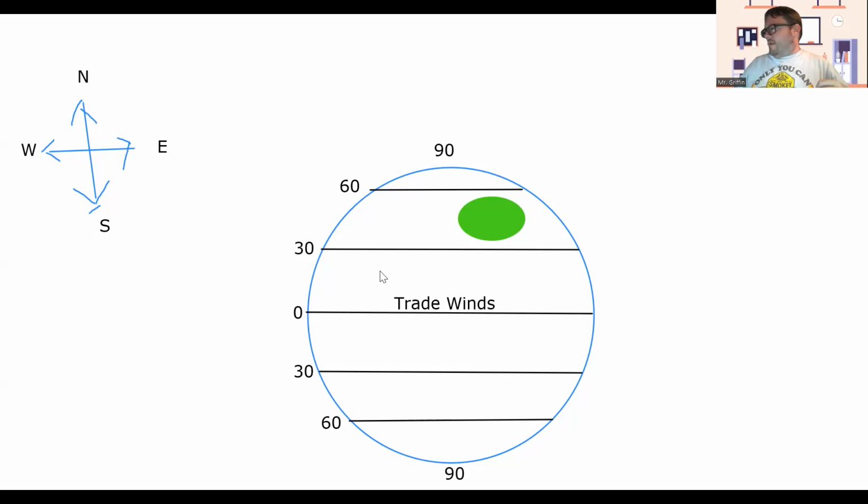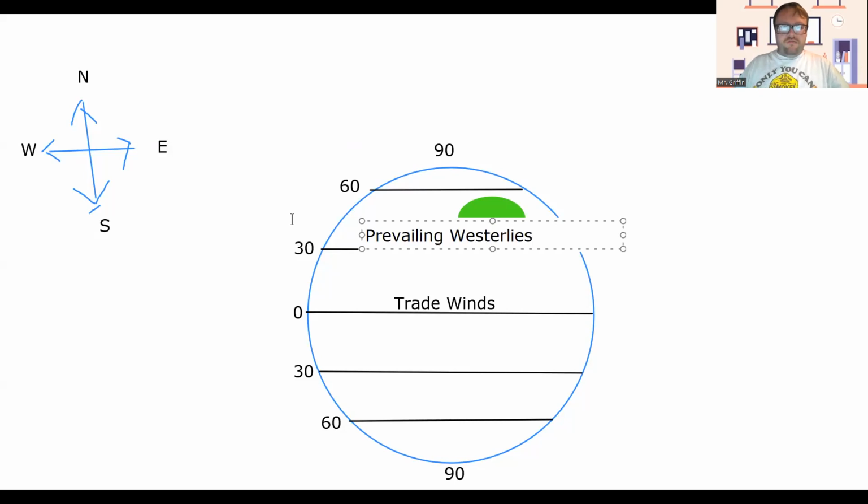In between 30 and 60 degrees is the prevailing westerlies.